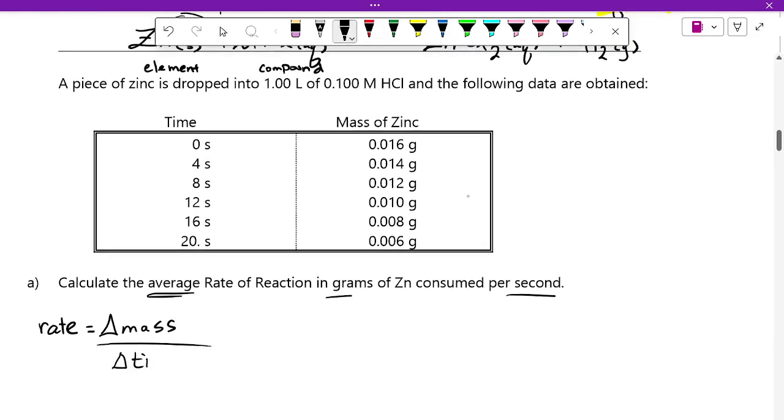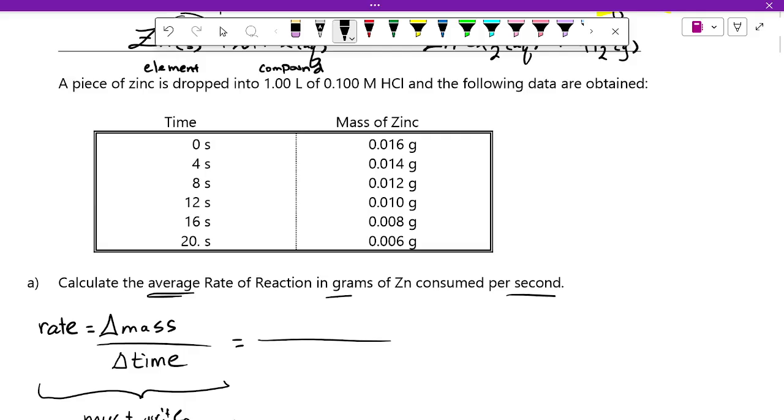Do you have to write this formula? No. I could just write 5.0, that's it, because it's from the data. And then you're going to plug in. Do we go initial minus final or final minus initial?